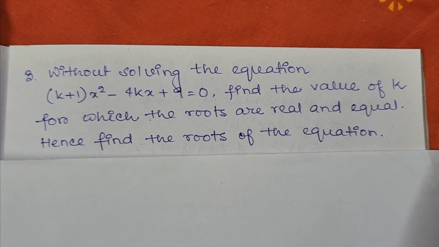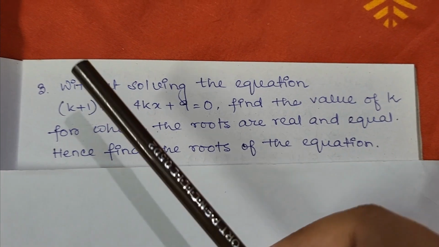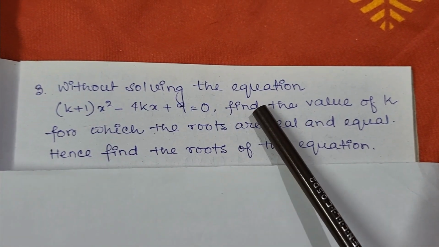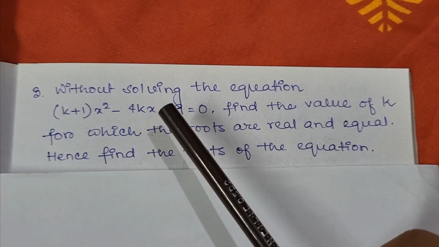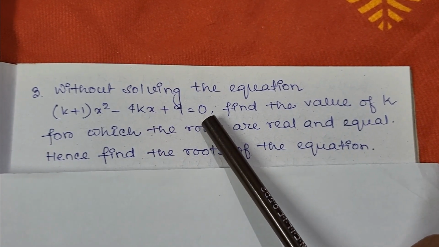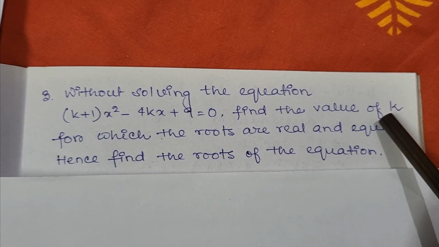Hello everyone. Our problem for today states that, without solving the equation (k plus 1) x square minus 4kx plus 9 is equal to 0, find the value of k. What does that mean?